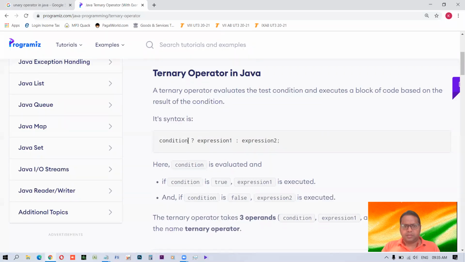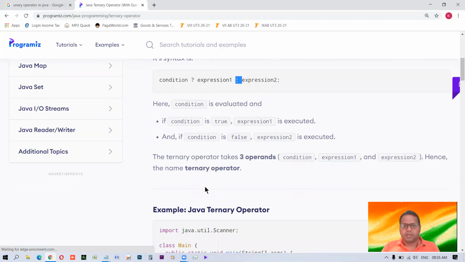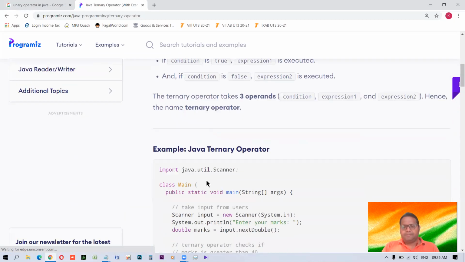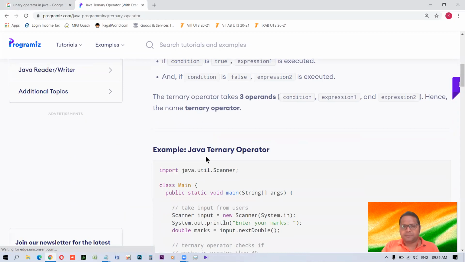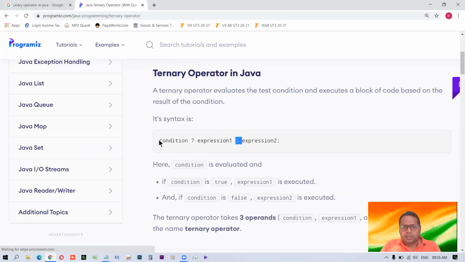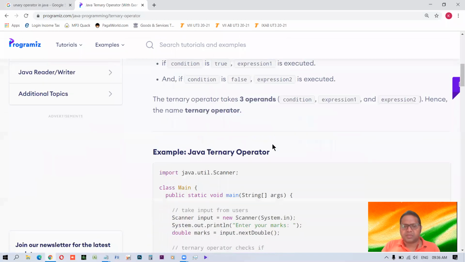Look at this question mark and this colon, collectively known as ternary operator. Let me make this point clear. This is a shorthand, or you may say a short way of using the if condition. Here we write the condition first, if A is greater than B or something. And in case it is true, then this expression will be executed. Otherwise, this will be executed. So this is an example you can see.